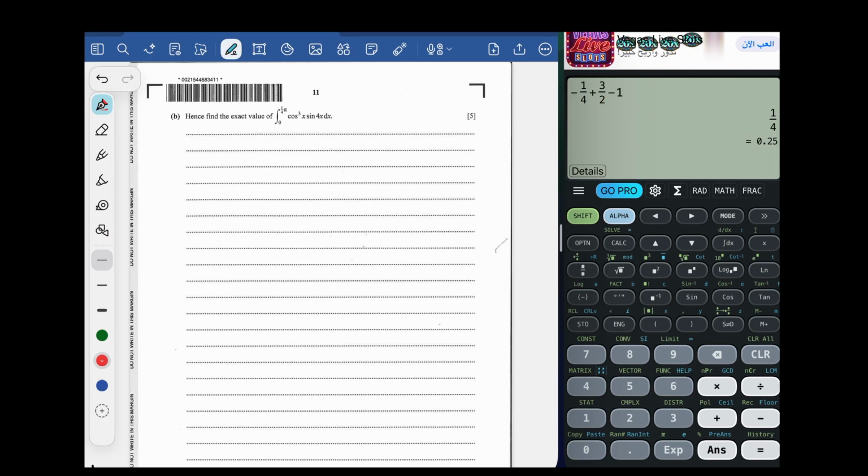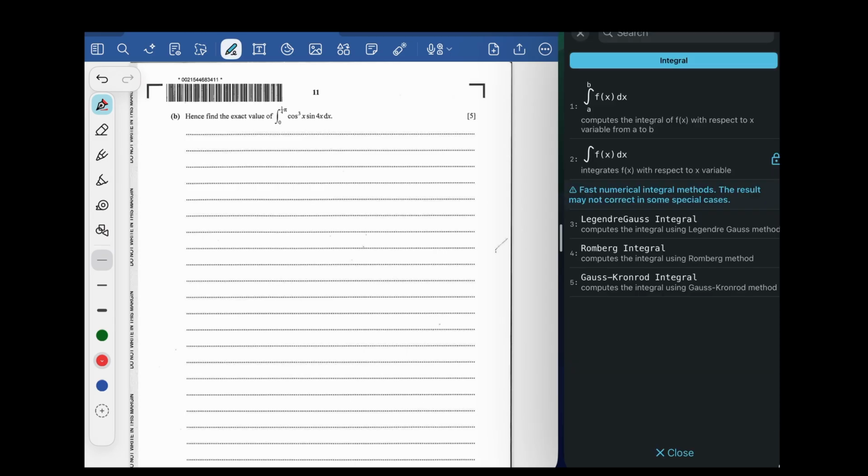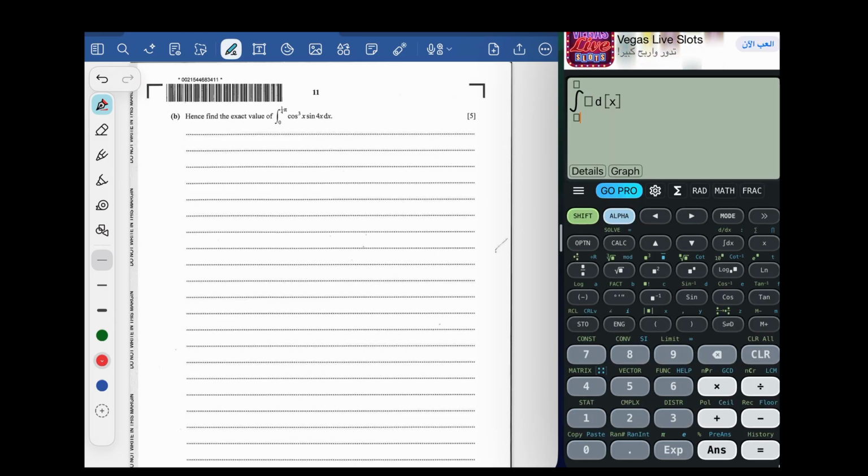We're integrating this. So let's see how. I always say whenever you are given integration with limits, you should always use the calculator to know your answer.